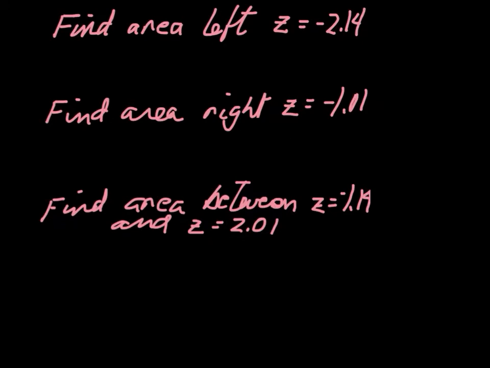So what we have in front of you are 3 problems. Find the area to the left of z equals negative 2.14, area to the right of z equals negative 1.01, and the area between negative 1.14 and 2.01. In order to do these problems, I'm going to do exactly what I did before.